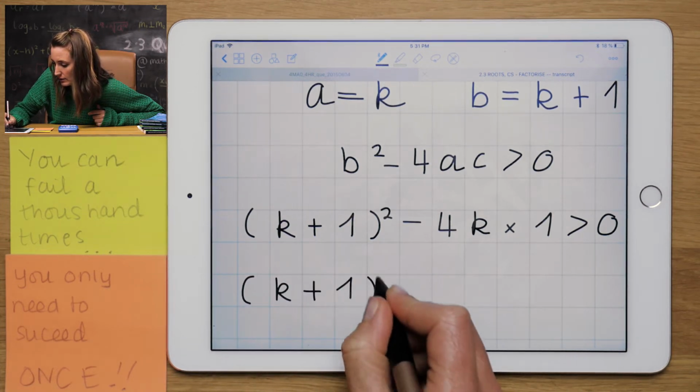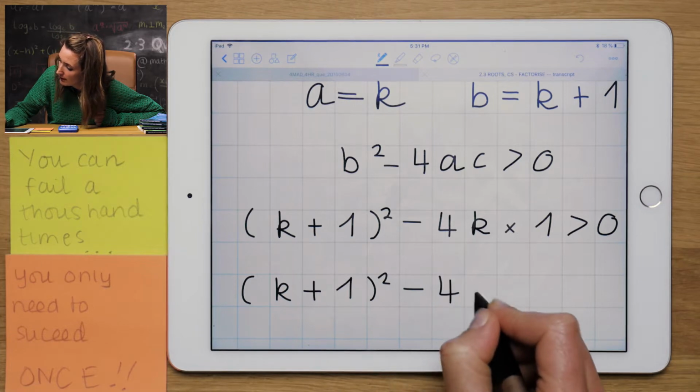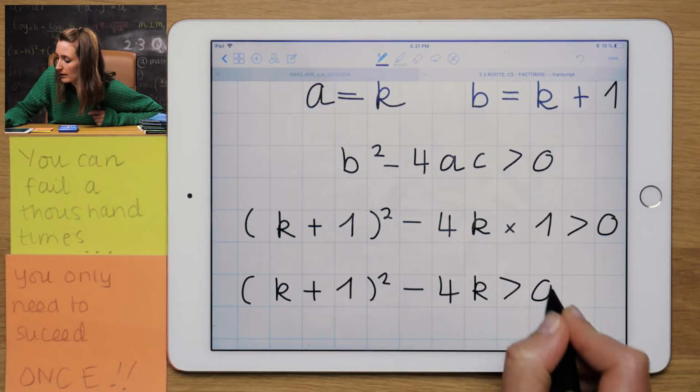So k plus 1 squared minus 4k bigger than 0.